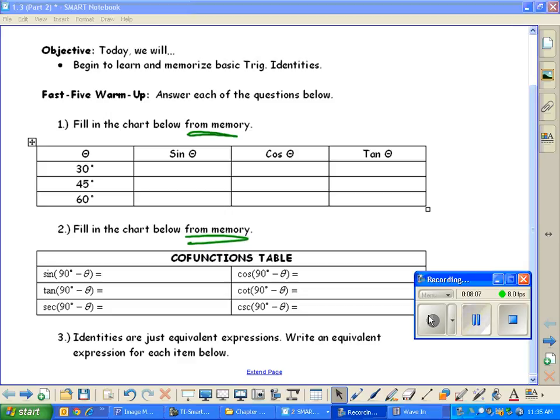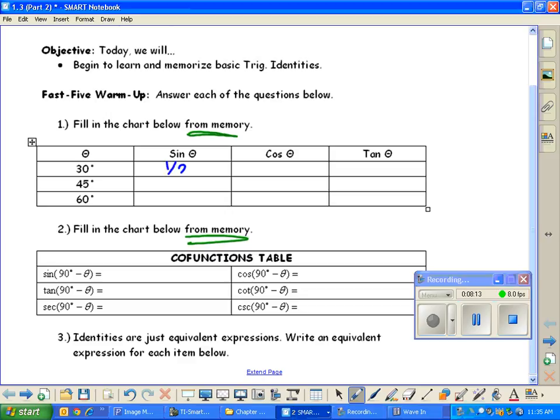Go ahead. All right, I'm just going to fill in the 2 charts and you can check what you got with what I got. Make sure we're on the same page.